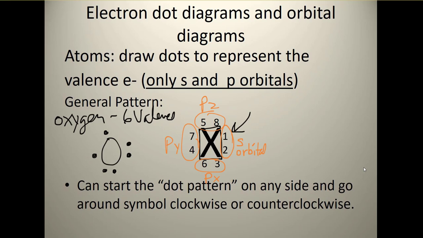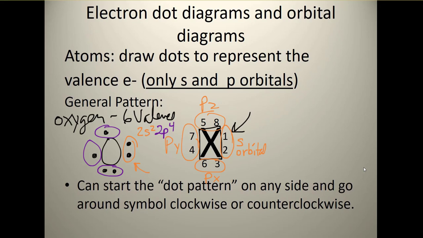And so when you look at your oxygen atom here, you see that you have 2 electrons that are in your 2s2 orbital, and then we have each of our p orbitals right here, my 2p4 orbitals.